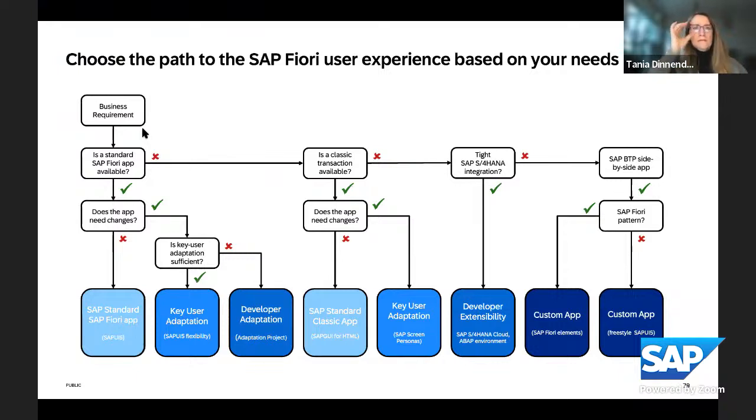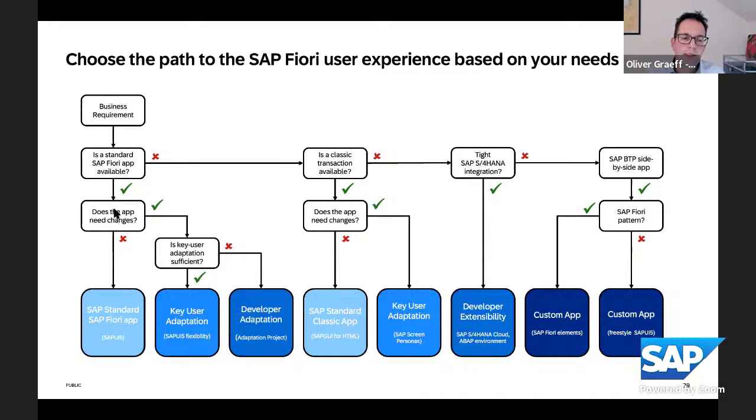So just if we zoom out a bit, what would be the flow for the whole story here? If you start with a business requirement and you're looking at the Fiori user experience, and you start from the top left, the first thing is you would check if SAP offers a standard Fiori application. If yes, can you use that out of the box? Then you're good.